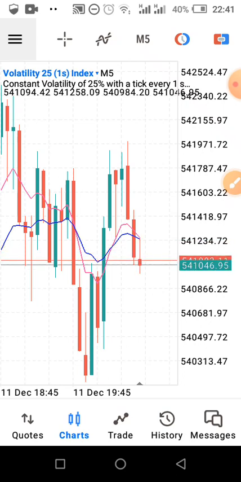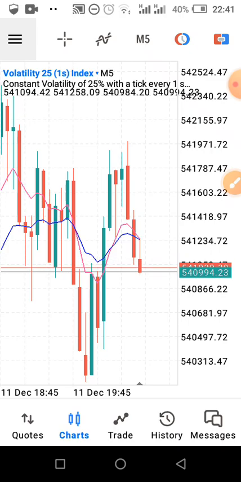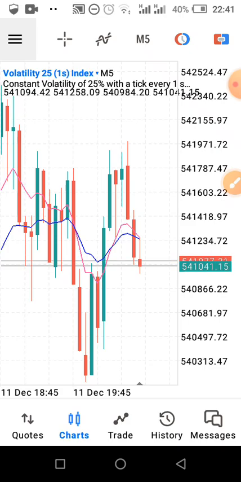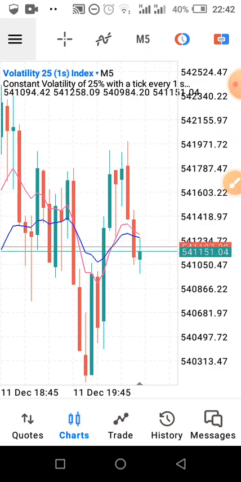So there will be more volume, and that's why there is competition within trading them, which makes the trading cost of the spread smaller. So the smaller the spread is, the less transaction costs you will have, and the bigger the spread is, the more transaction costs you will have.